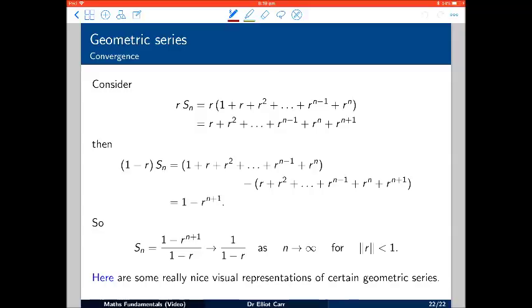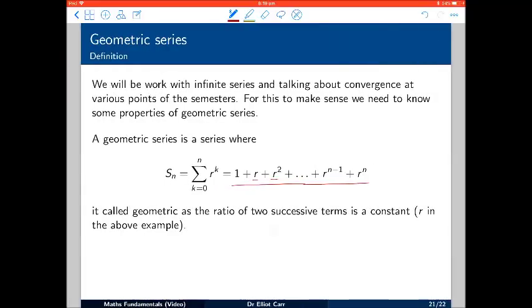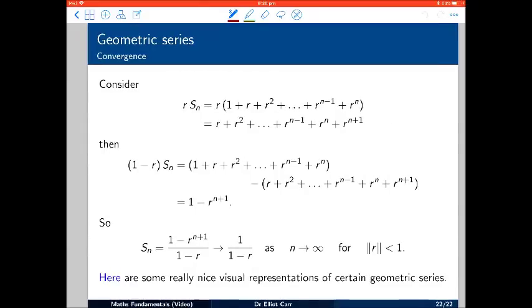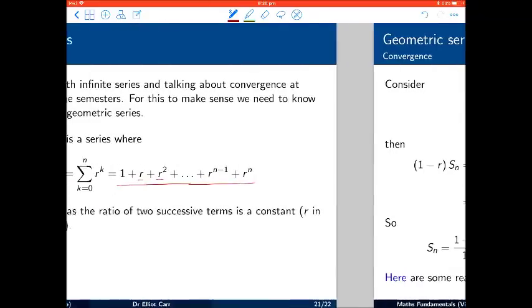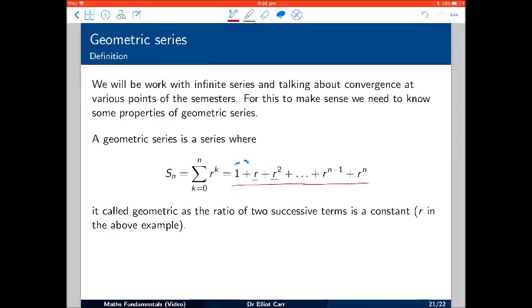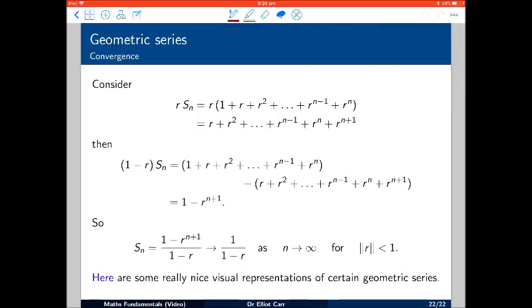Basically what you do is consider the term Sn, the sum for a value of n, and multiply that by r. All I've done is use my expression for Sn and multiply that by r. Expanding these brackets, I get this term, so each term just increases by the power of r.